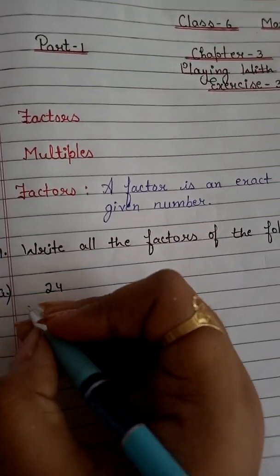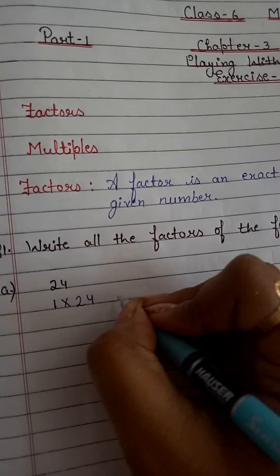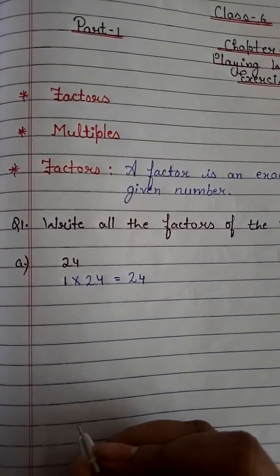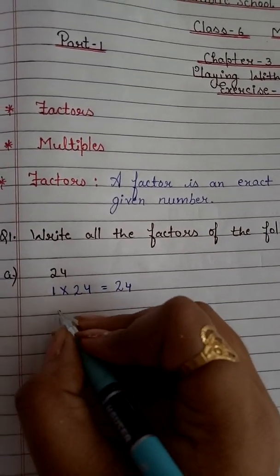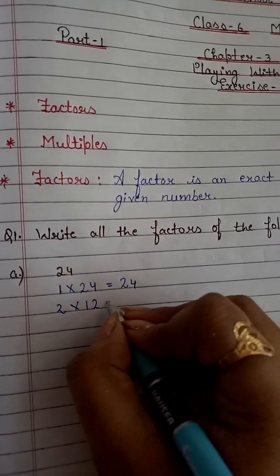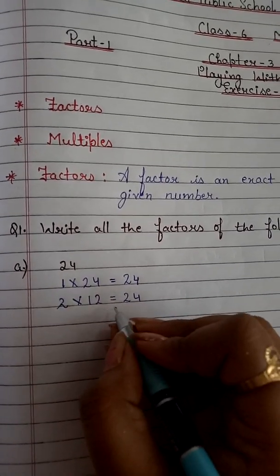For example, 1 multiplied by 24 is 24. Similarly, 24 is divisible by 2, or we can say 2 multiplied by 12 is 24.